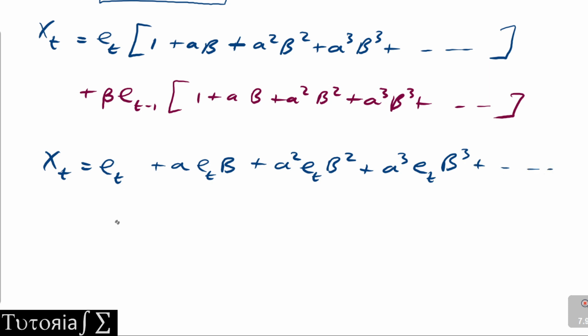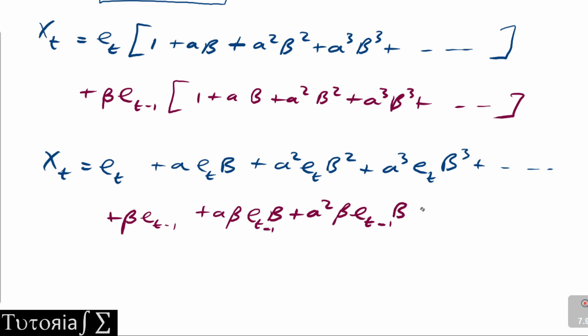Then plus the other part, where the same applies: beta et minus 1, so that times that will be plus a beta et minus 1 times a backshift, plus a2 beta et minus 1 times the backshift to the power 2, plus a3 beta et minus 1 times the backshift to the power 3.